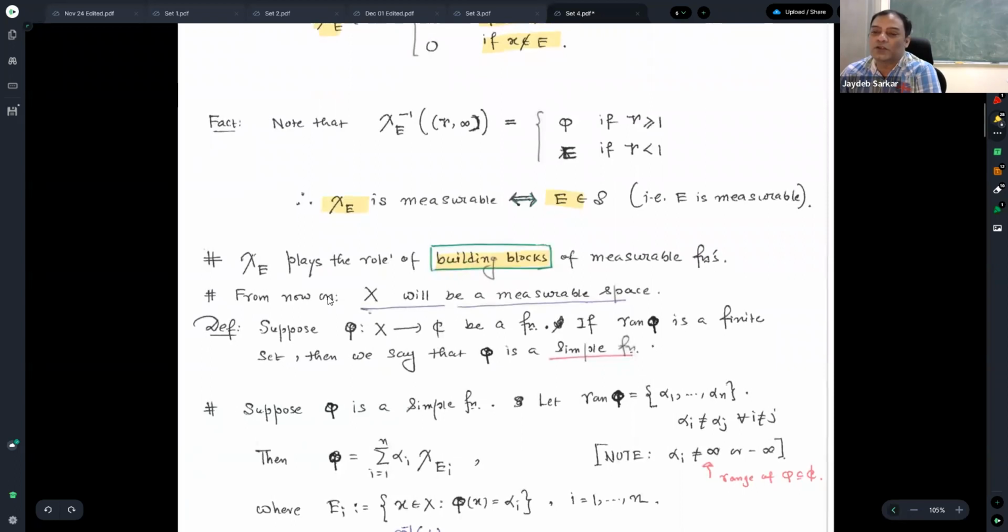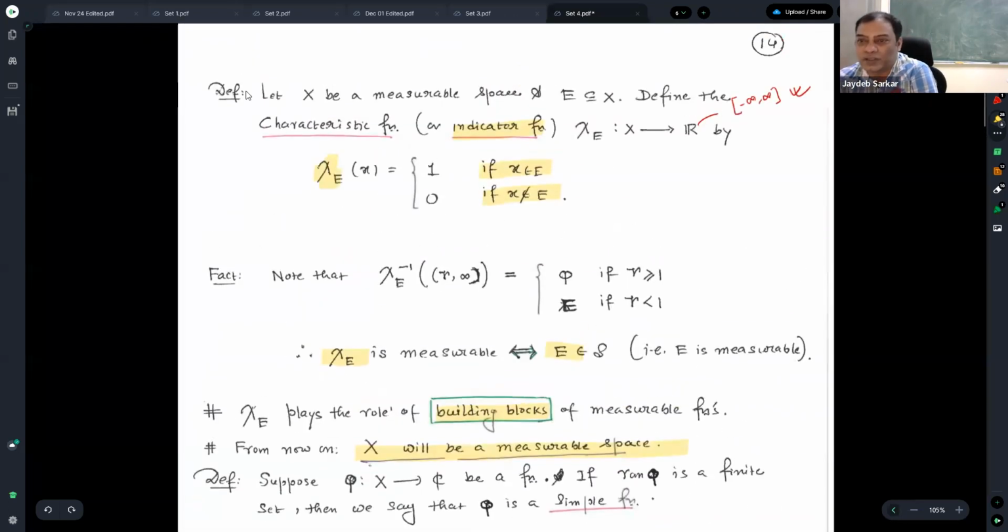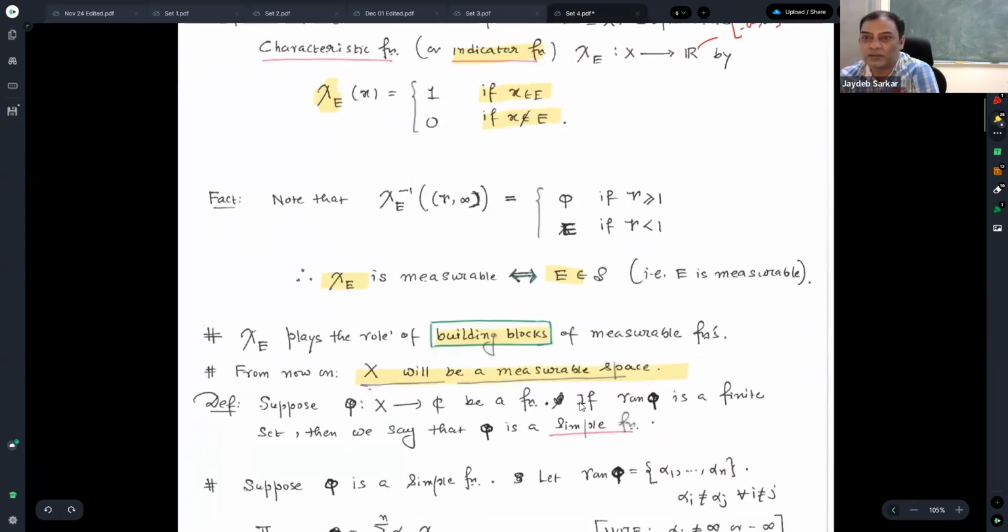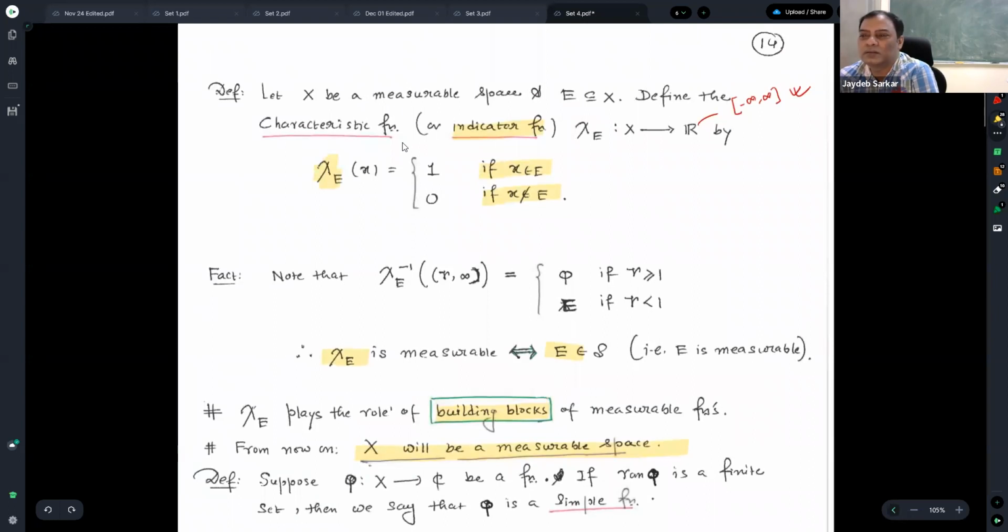Okay. So from now on, X will be a measurable space. Mostly whenever you see X, it should be clear from the context whether it's a general set or a measurable set. By the way, in this part of the definition, I don't see anything to do with measurability. So the indicator function can be defined without a measurable space also.